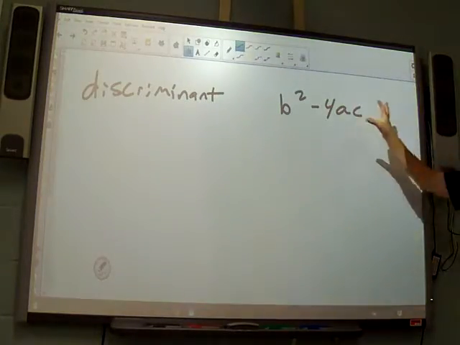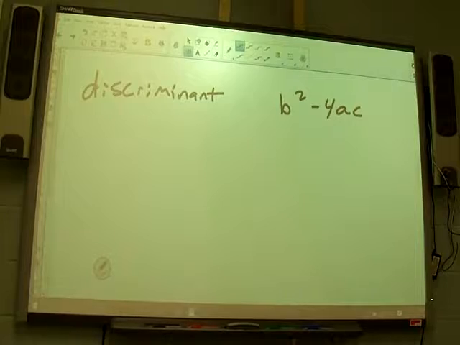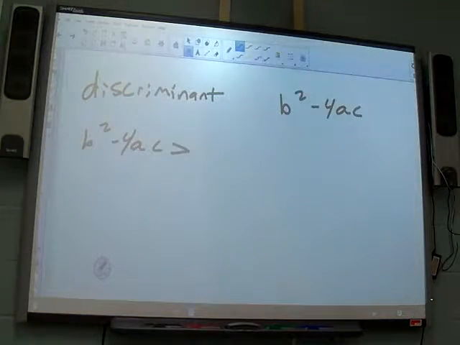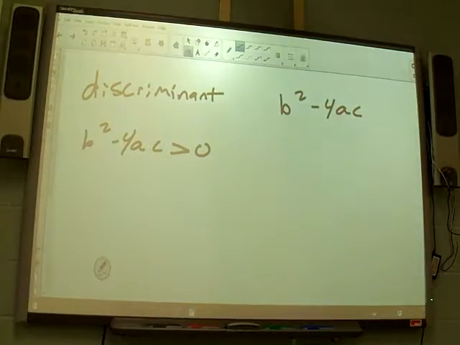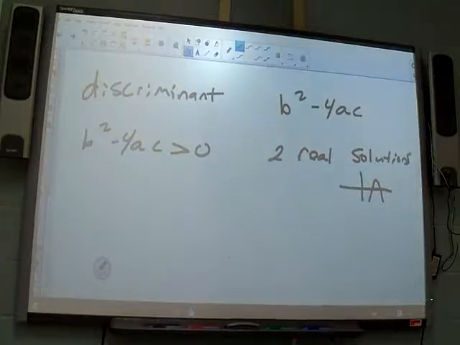So if you do the work underneath your square root, the discriminant, we'll make a little chart here. If we do b squared minus 4ac and our answer is greater than 0, that means we're going to have two real solutions. So that would be something like that, just an example.